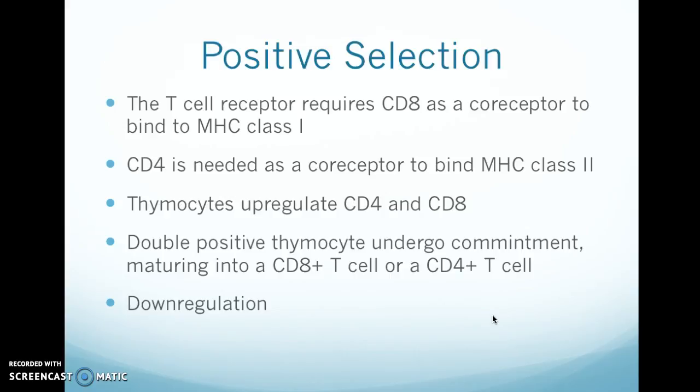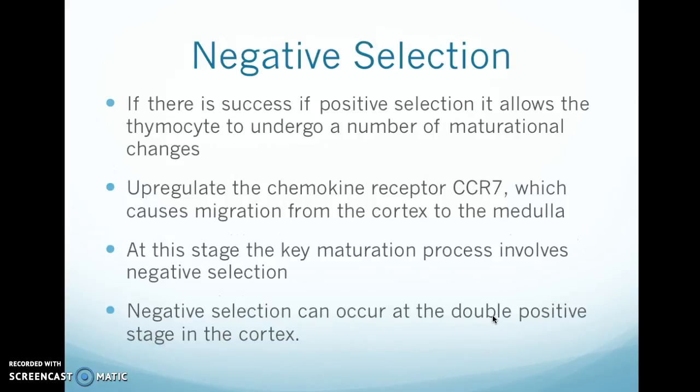Then you had downregulation of both, reducing the signal for the T cell, and then only upregulation of CD4. For CD8, there is no upregulation. Thymocytes start receiving signals again; those that receive MHC class 2 become CD4 plus T cells. So if they start receiving the signals, they're the CD4 and not the CD8.